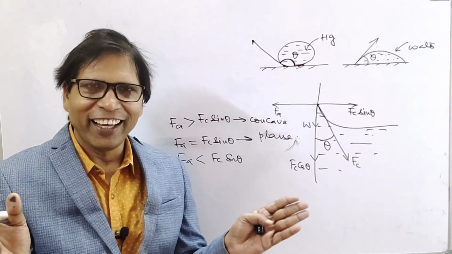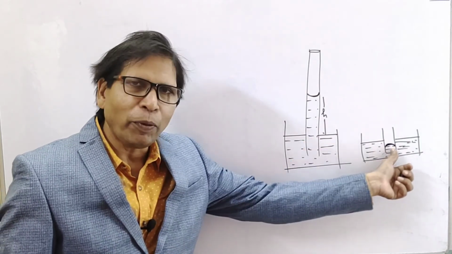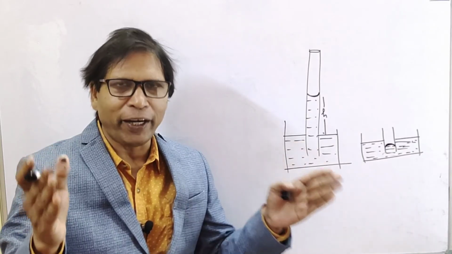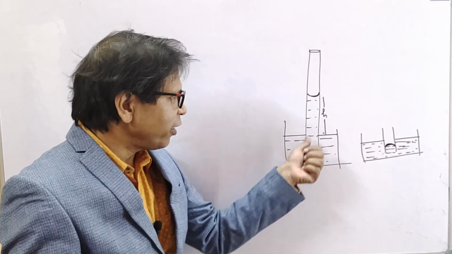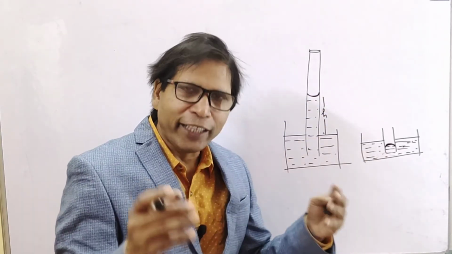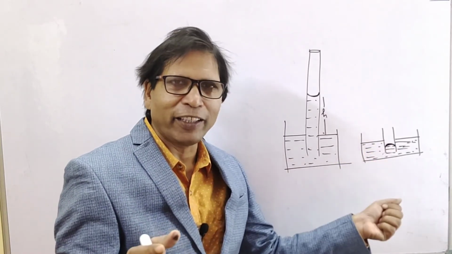Okay, now capillarity. The ascent and descent of liquid in a narrow capillary tube is called capillarity. A liquid which wets the solid rises in the capillary tube. A liquid which does not wet the solid descends in the capillary tube.